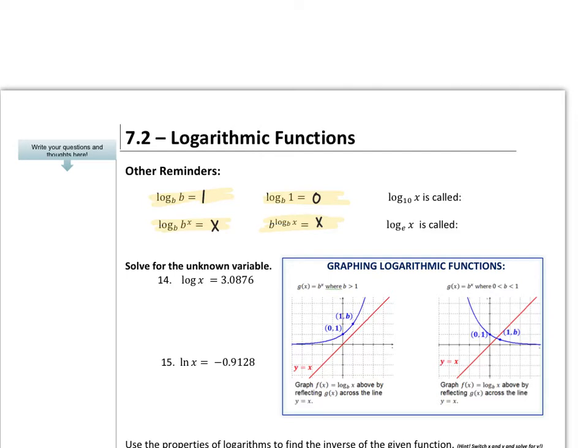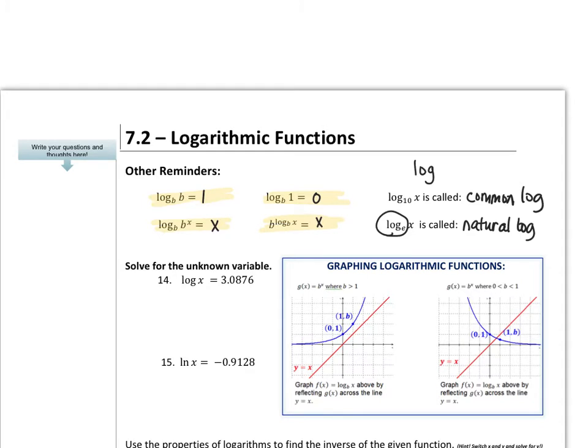Now, if you have log base 10, that is called our common log, and that's the part that's on the calculator. Normally, it is not written with that 10, it's just log. You normally don't see the 10. Log base e is called our natural log, and it normally is not written like this.